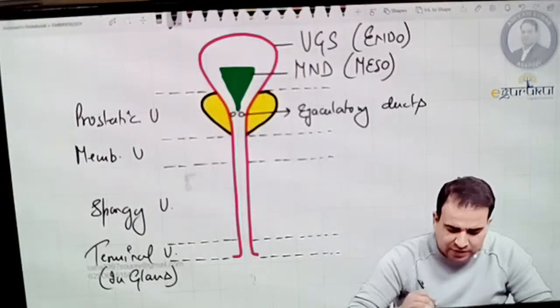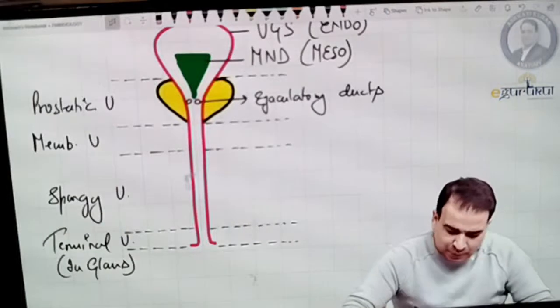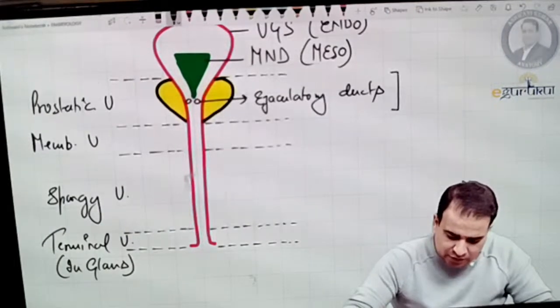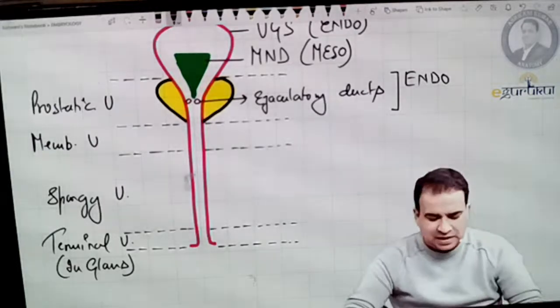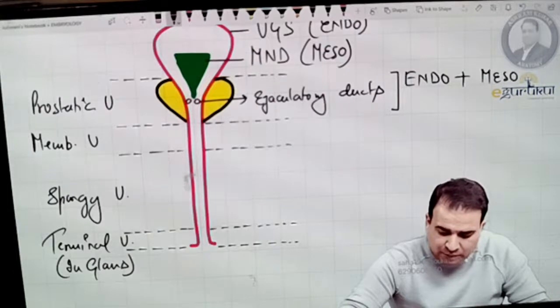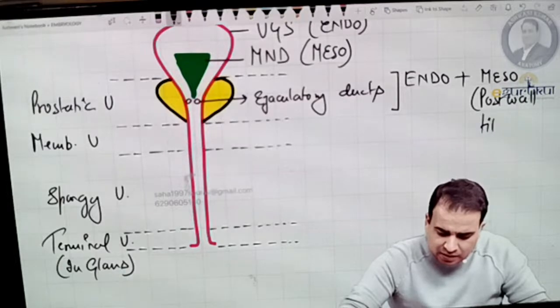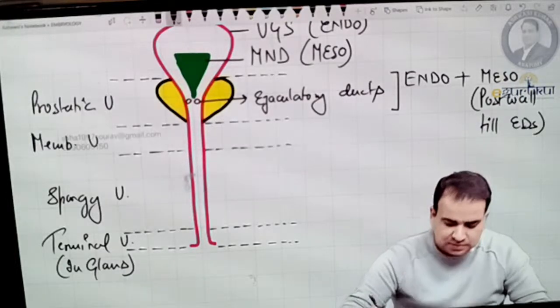These are ejaculatory ducts. So just by looking at this picture, I can make out that the prostatic urethra is made up of endoderm. You can see that red color there, it indicates the endoderm. But we also have mesoderm in the prostatic urethra. And where is the mesoderm? On the posterior wall, till the ejaculatory ducts.